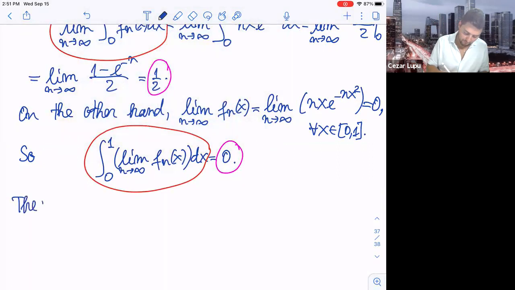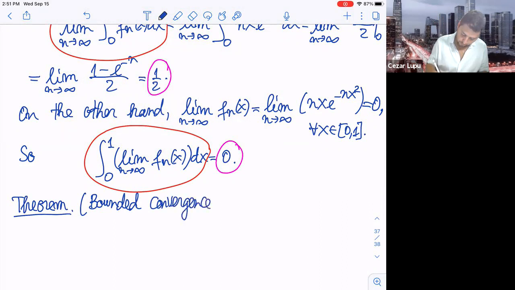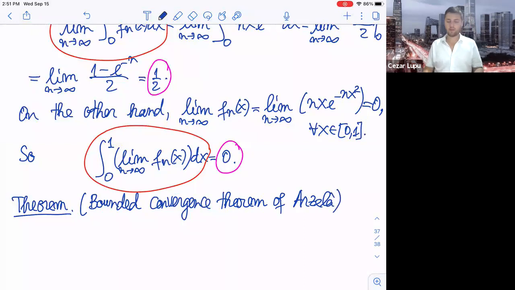So theorem... Arcela, like this. And I think this was given around, I don't know, 1885, if I recall the year.